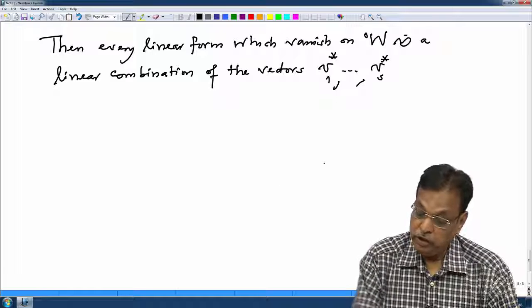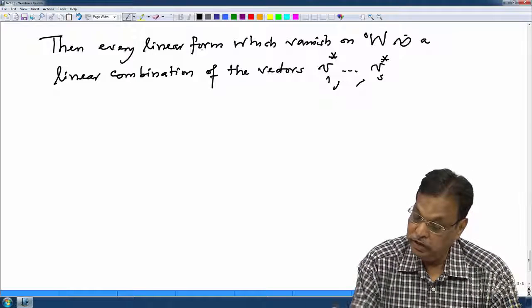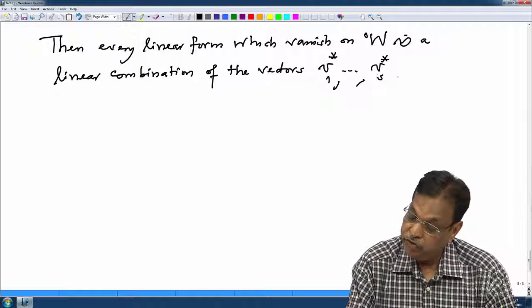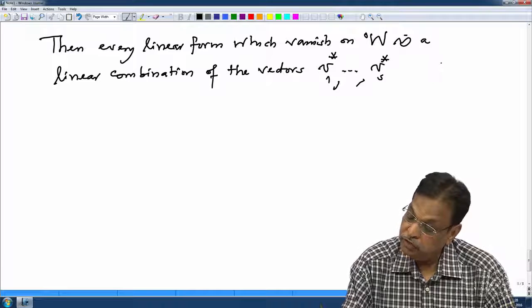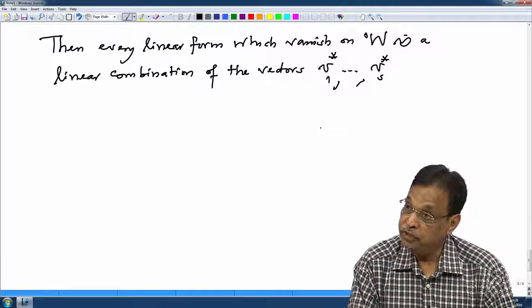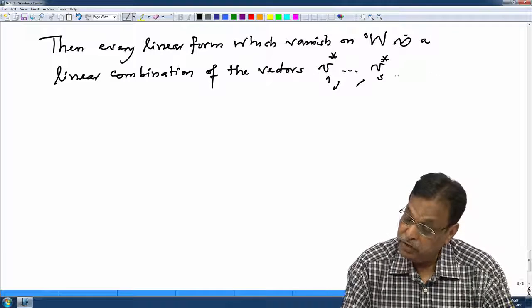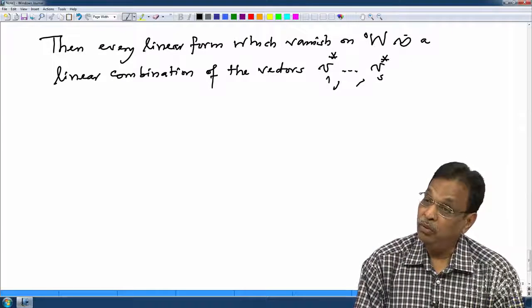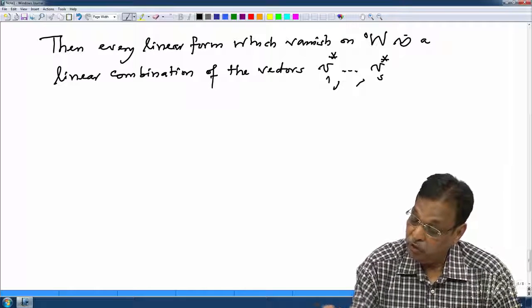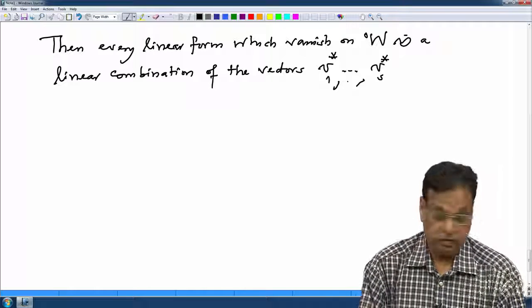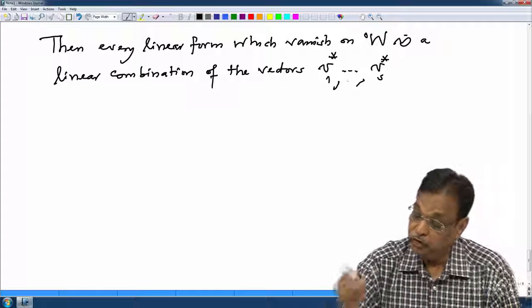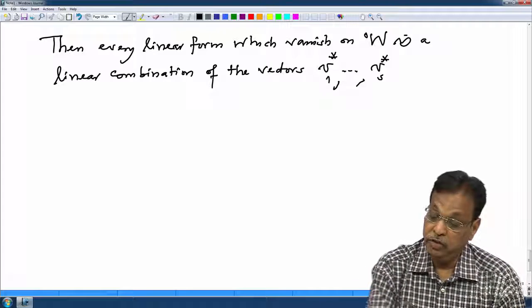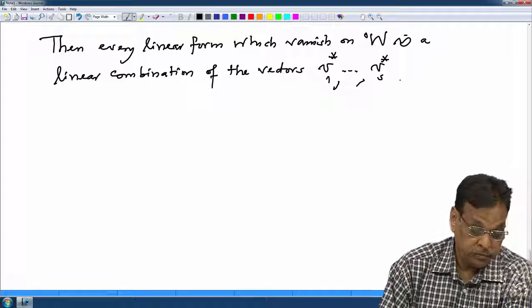You see, just note that V1 star up to Vn star is a basis of V star, and the later forms definitely vanish on a basis of left circle W. So therefore, they will not contribute anything in the linear combination. So every linear form which vanishes on left circle W is a linear combination of these vectors.